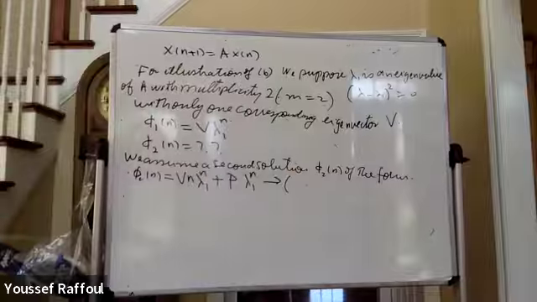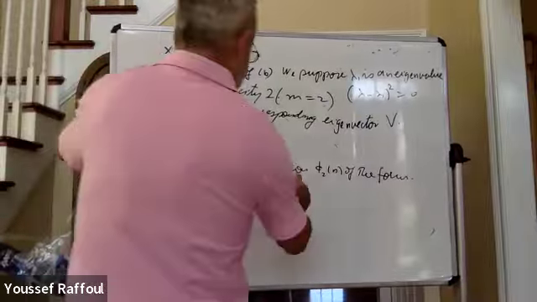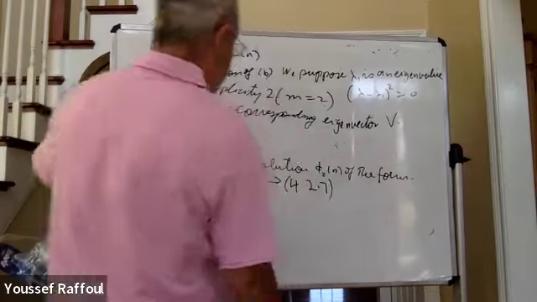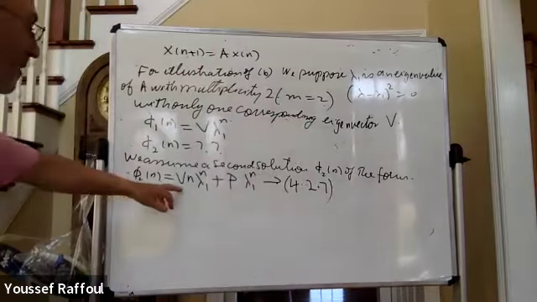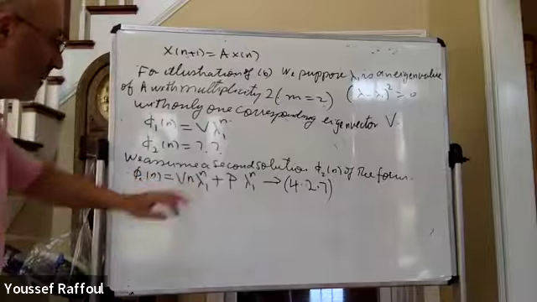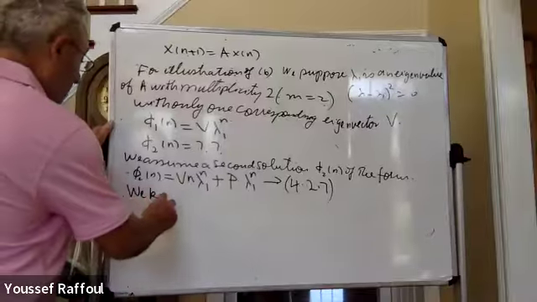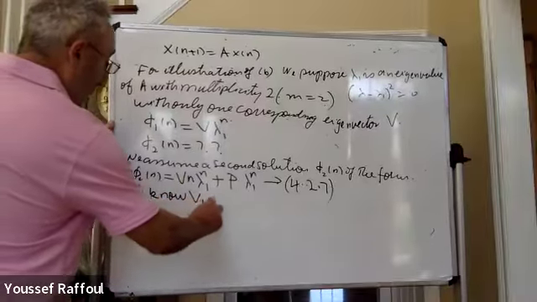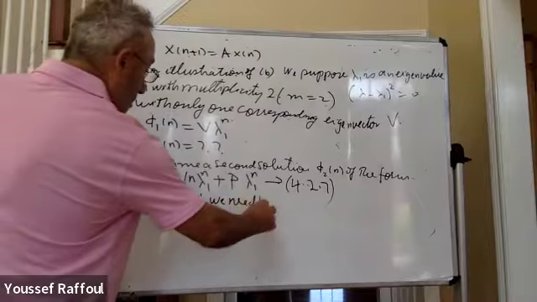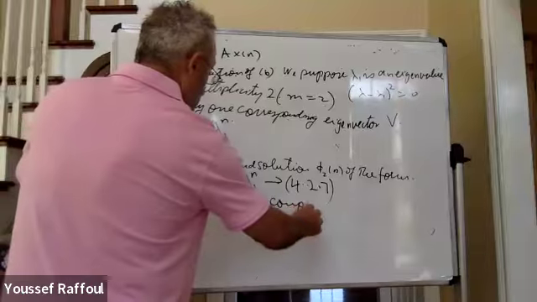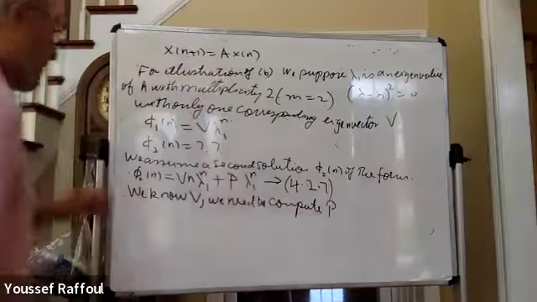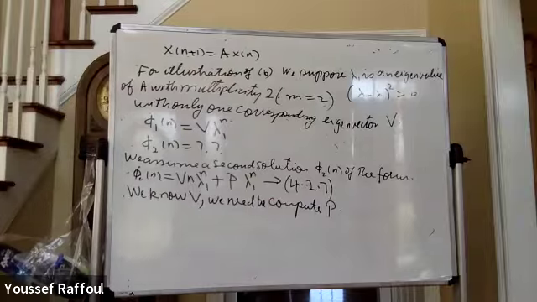And this we're going to call 4.2.7. Now remember, we know V. This is V times n times lambda 1 to the power n. So we know V, and we need to compute P. Okay? Are you with me?